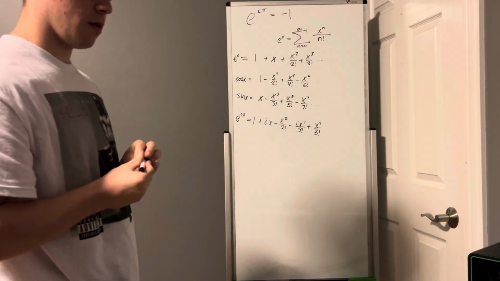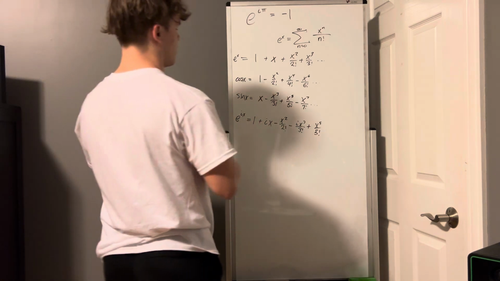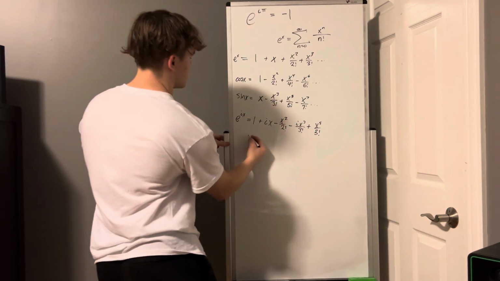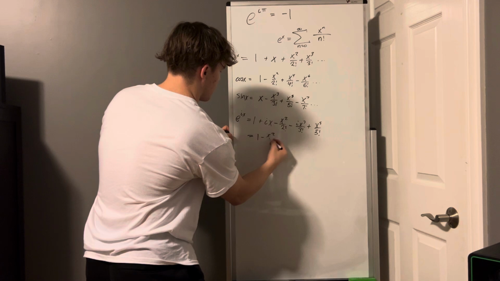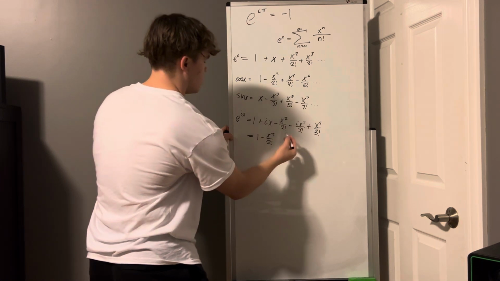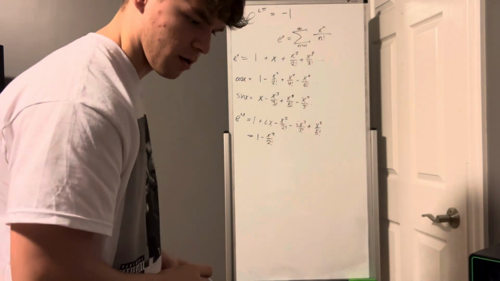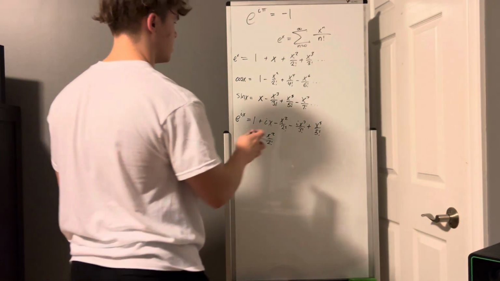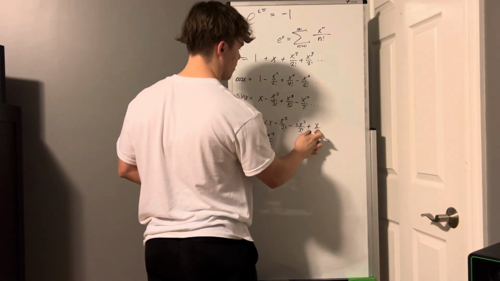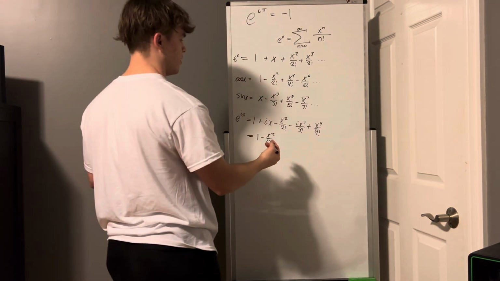And so what we're going to get is, well, let's separate some of these terms. This equals 1 minus x squared over 2 factorial. I think I lost my x to the 4 term. Oh, this isn't supposed to be 5, this is supposed to be a 4. x to the 4 over 4 factorial.